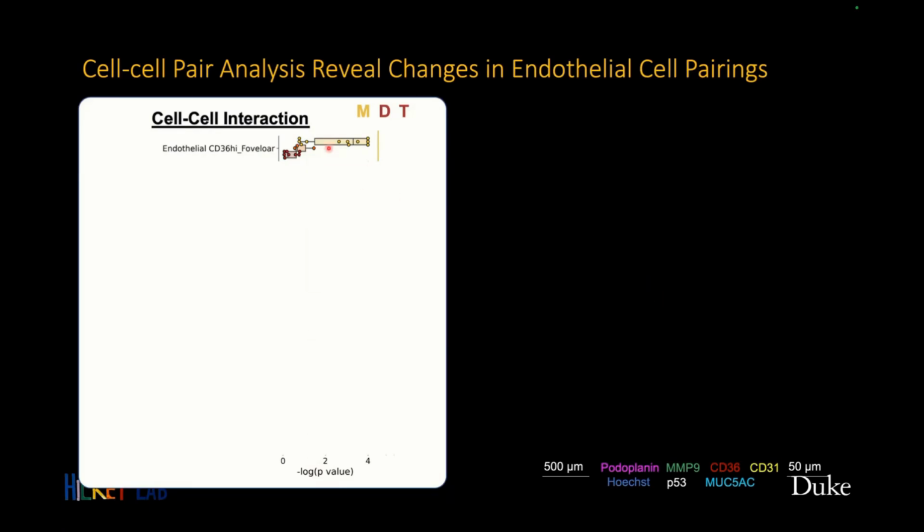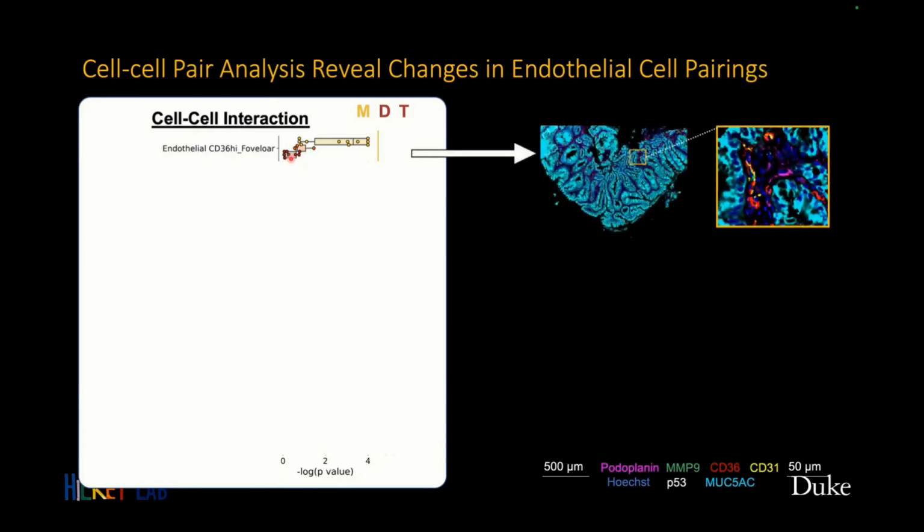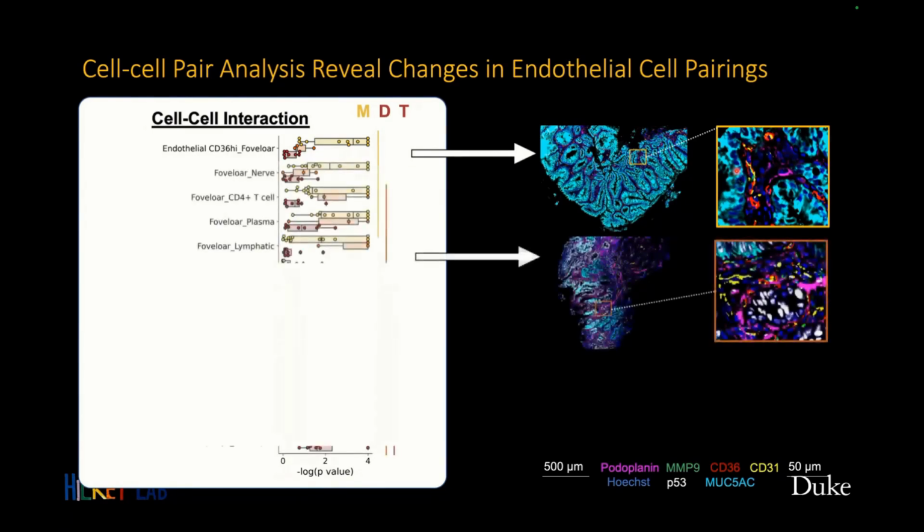And so, for example, here we're seeing in metaplasia this CD36 high endothelial cell interacting with our foveolar or intestinal-like epithelial cell more frequently than we would otherwise expect, and more frequently than in dysplasia and tumor samples. And if we look, we can also see this where we have the CD36 high endothelial cell interacting with these MUC5AC or foveolar epithelial cells.